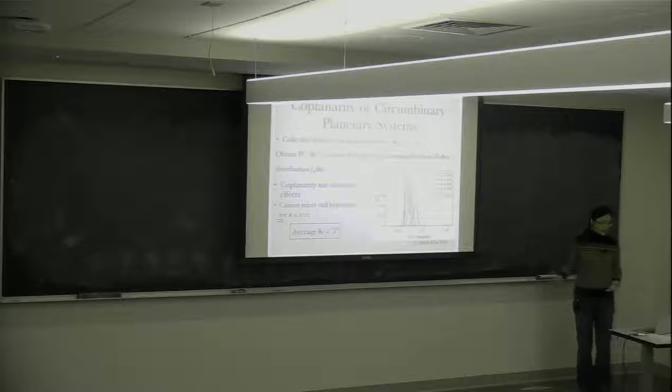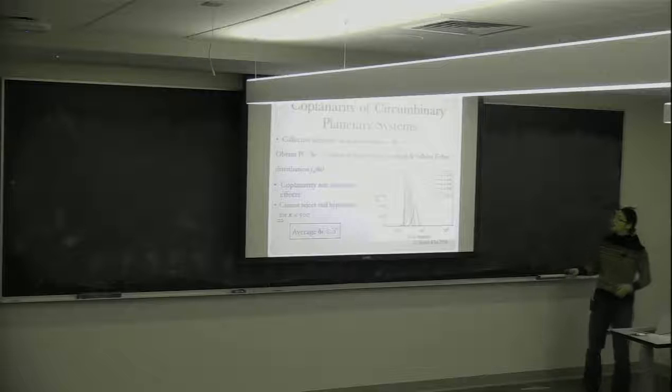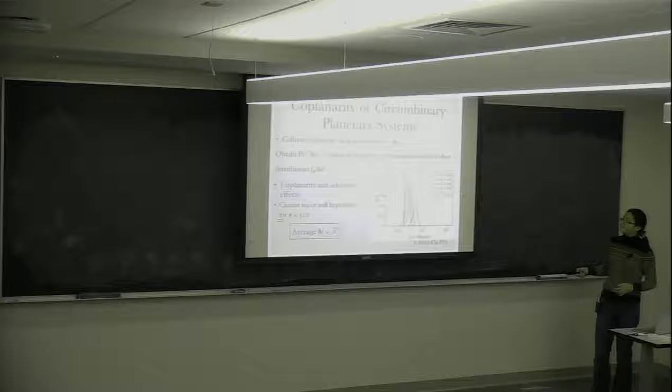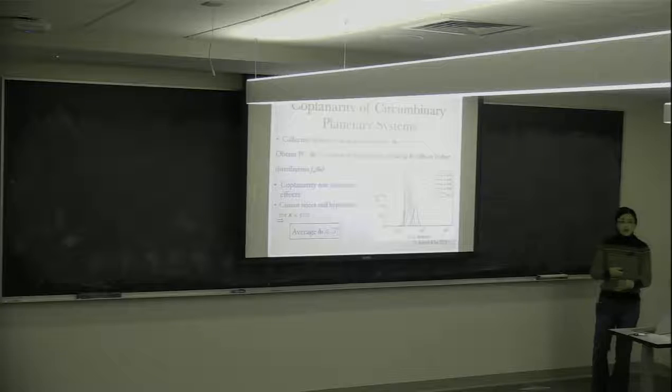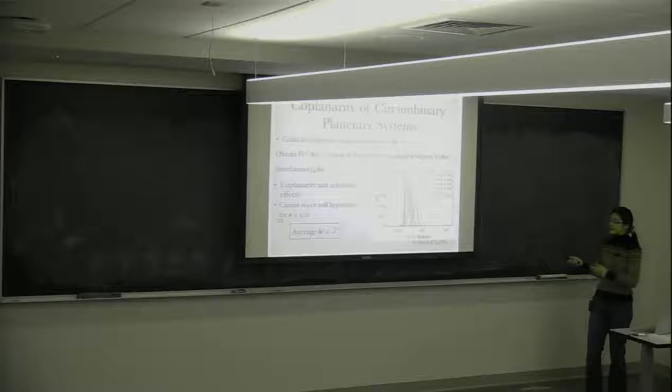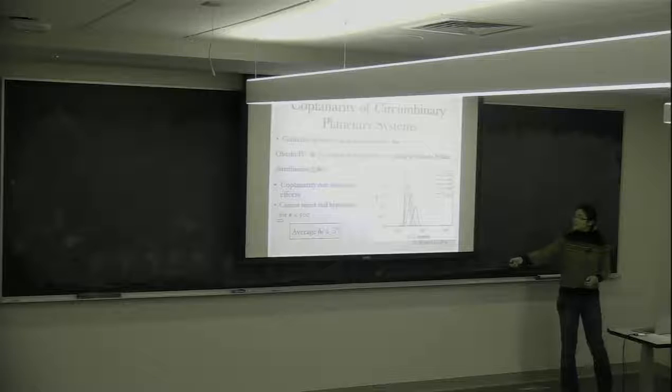And we found that we can reject the null hypothesis for kappa smaller than 500. And this shows that mutual inclination for these systems is likely less than 3 degrees. And interestingly, this average mutual inclination is the same for multi-transiting planetary systems around a single star.